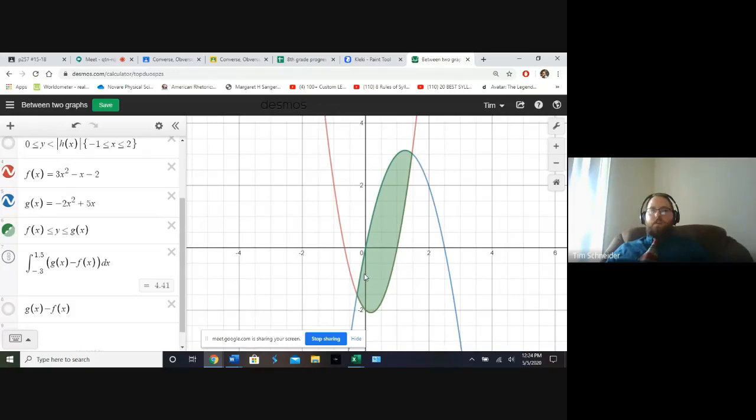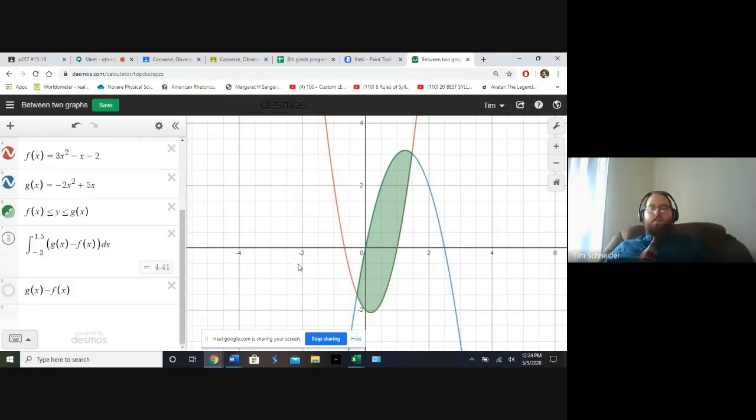So let's say you have 2 functions and you're trying to find the area between them. This is almost exactly the same. It looks very different. But tomorrow we'll talk about how this actually is almost exactly the same process.